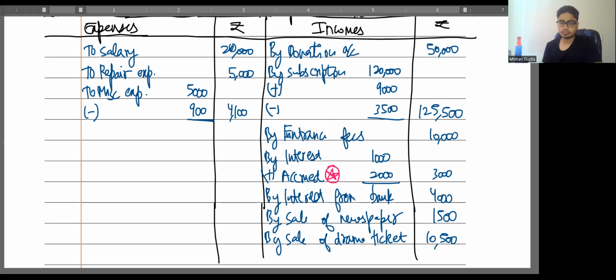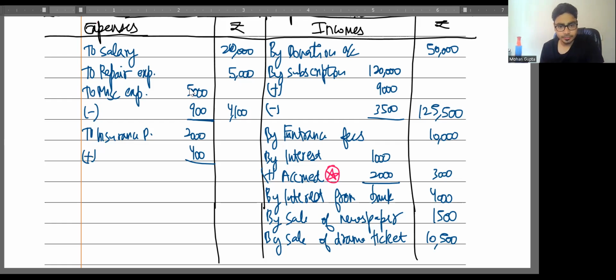Then insurance premium 2,000, but it is outstanding for 400. So do we add or deduct 400? Insurance premium outstanding, we added.